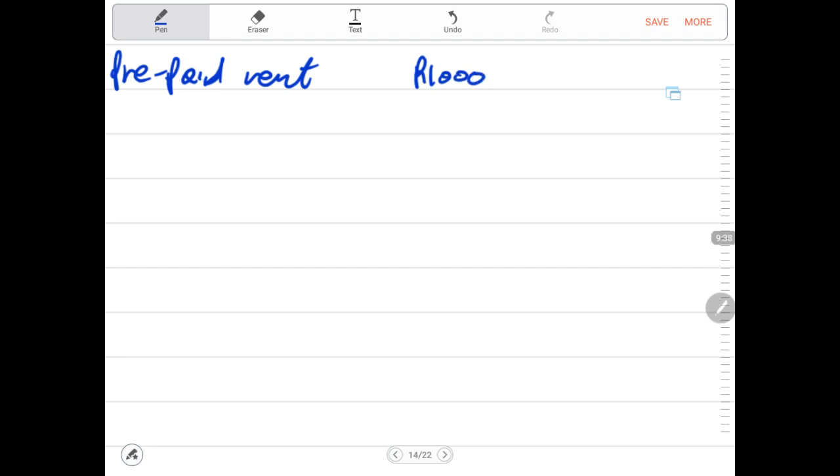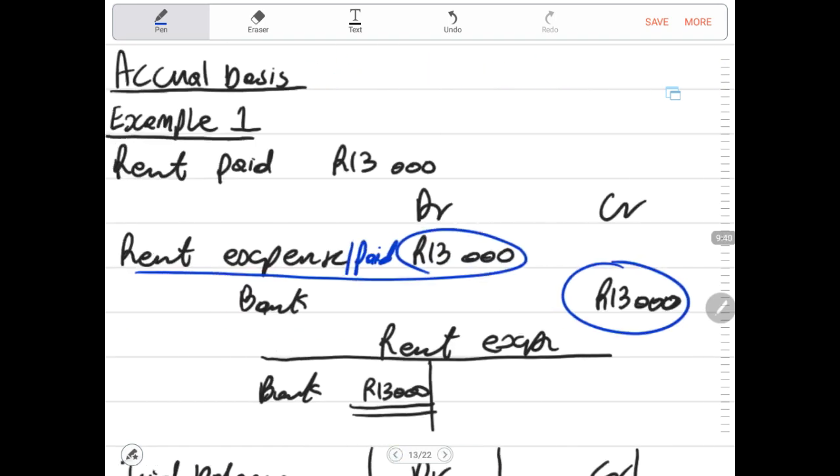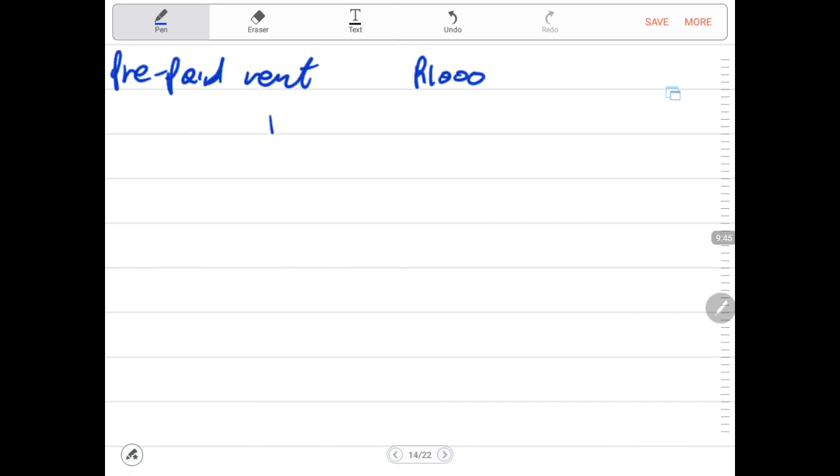Remember now bank is not affected, because when the transaction took place 13,000 was affected and bank was affected. But when we record the prepaid expense, we are not accounting for the bank because bank was already recorded. So now we'll have our rent expense as 1,000 rands.